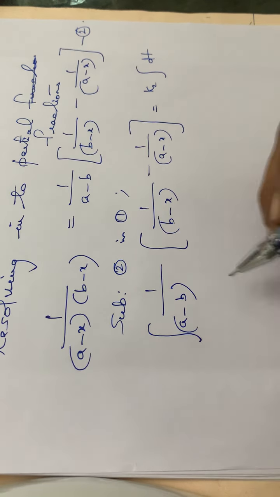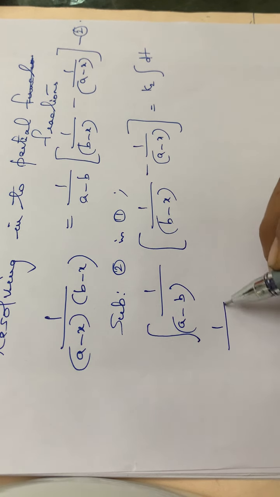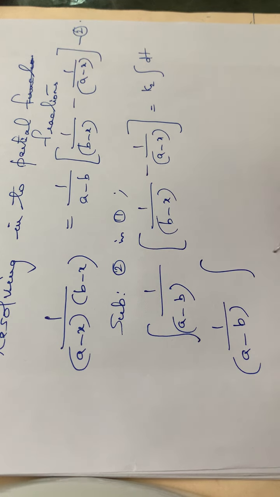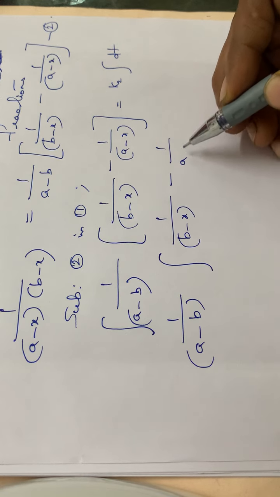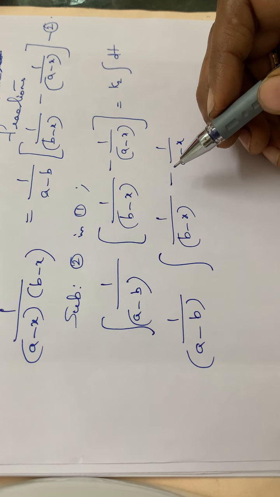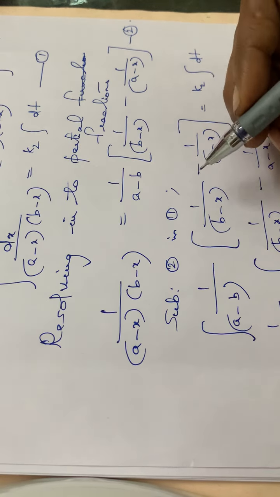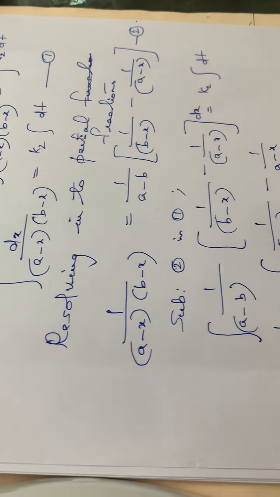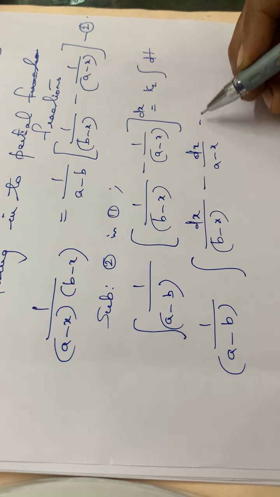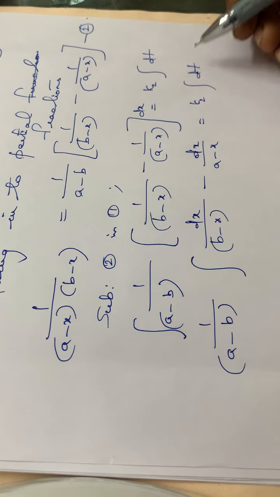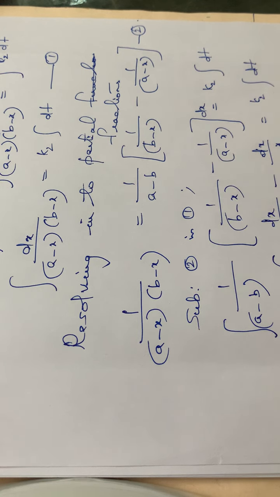Then again you have to integrate this equation, and in this, 1 by A minus B is a constant, so we can take the constant outside. 1 by A minus B into integral of 1 by B minus X dx minus integral of 1 by A minus X dx, that is equal to K2 into integral dt. Sorry, I had dropped a dx here, so it is dx divided by B minus X.